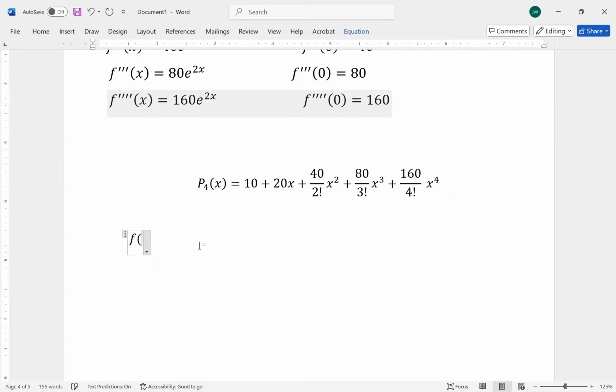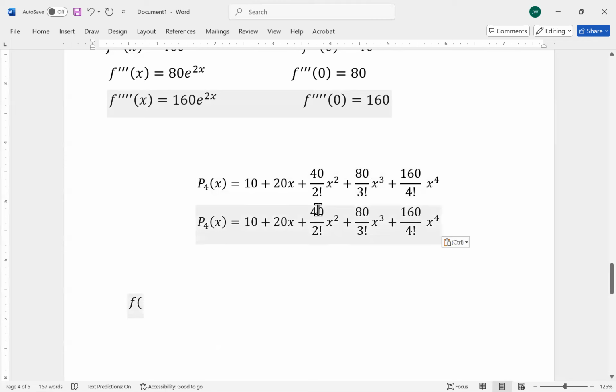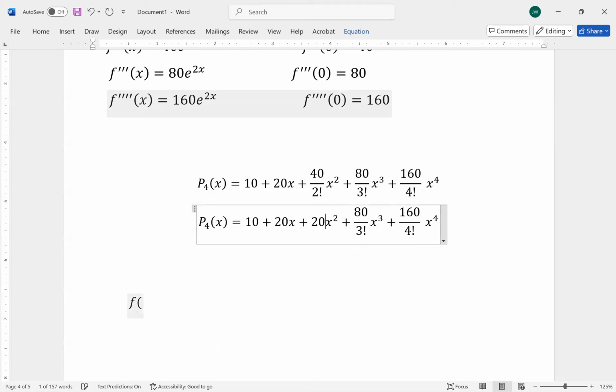Now I can do approximations. Actually, let me do a simplification here before I do my approximations. So the polynomial, obviously I've written it in a way where we have factorial. 40 over 2 factorial is 40 over 2, which is 20. 80 over 3 factorial, that's 80 over 6. If I take 80 over 6, I get either 13 and a third, or you could do 40 over 3.